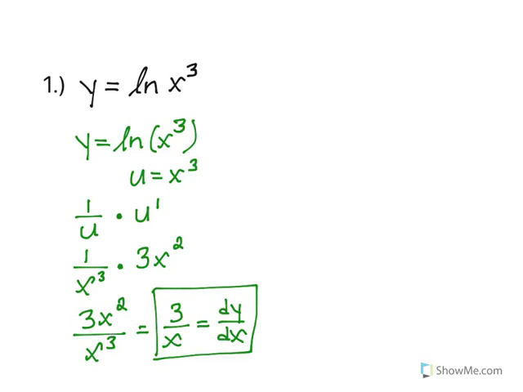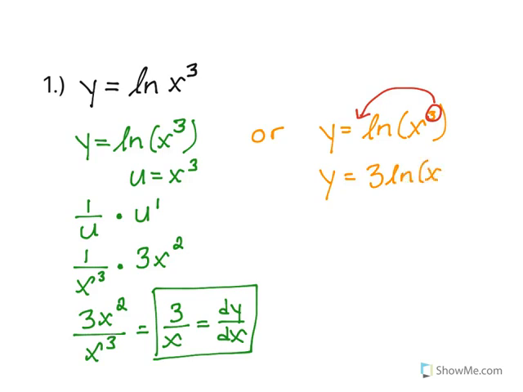We could say, well, we have properties of logs that allow us to relocate that exponent. So we could actually use a property of log to say that if we have y equals natural log of x cubed, by properties of logs that exponent inside can be pulled out as a coefficient, and this is really y equals 3 times the natural log of x.